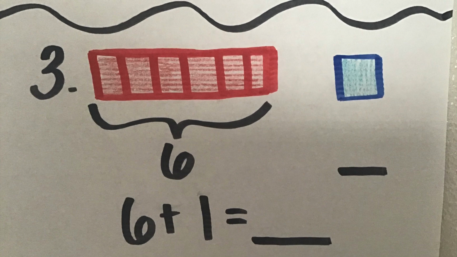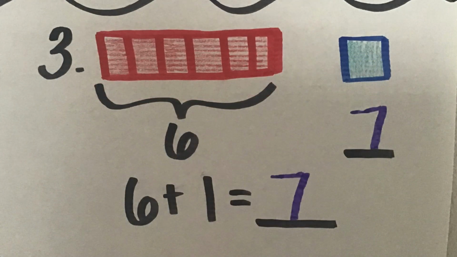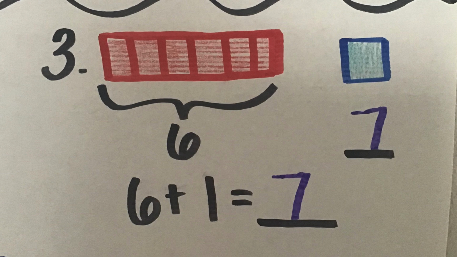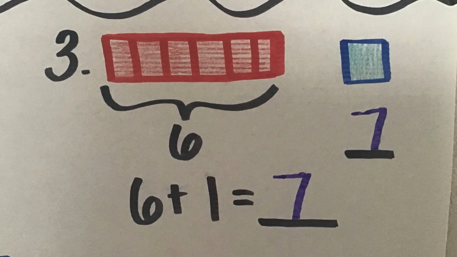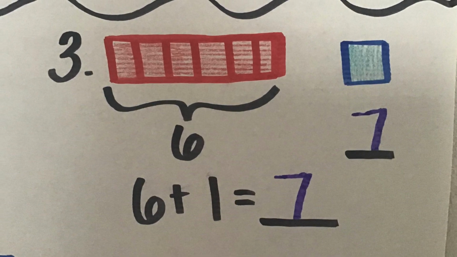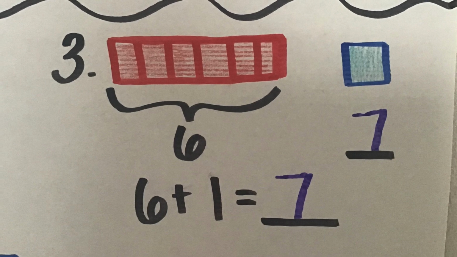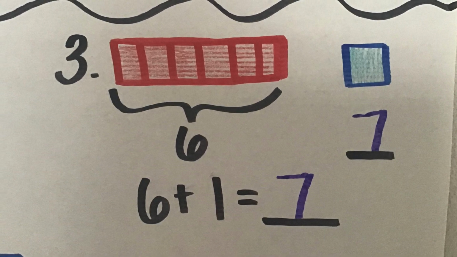And the last step is to write the sum in the end of the number sentence. So if that last cube was number 7, that means 6 plus 1 equals 7.